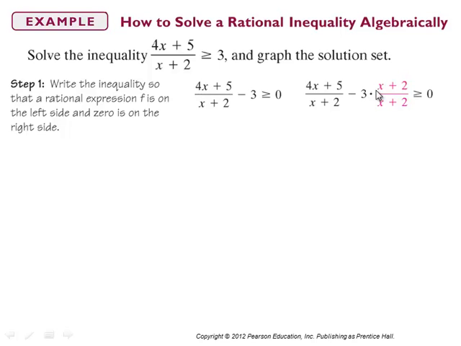And then multiply the 3 times the x plus 2, so you get your minus 3x minus 6, and then combine that with the 4x plus 5, like you see there. Simplify, and you get this inequality. Now you are going to have an x-intercept of 1 and a vertical asymptote at negative 2.